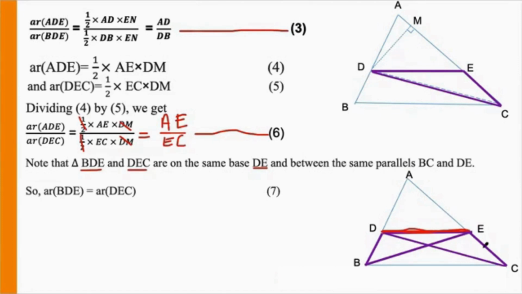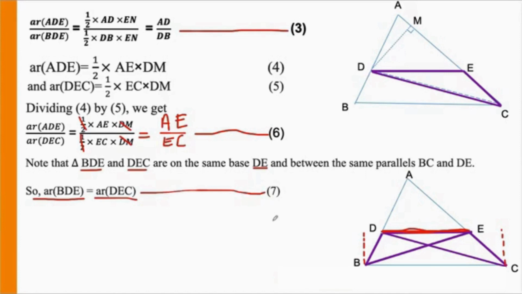If you take DE as the base, the height becomes the distance between the two parallel lines, and the height of both triangles is the same. So the base is the same and the height is the same, and so the areas of the two triangles are equal.